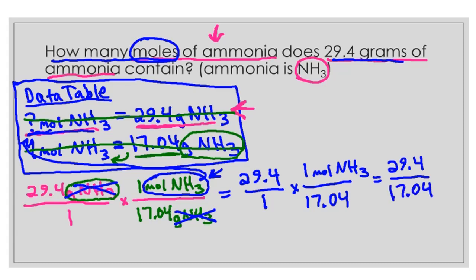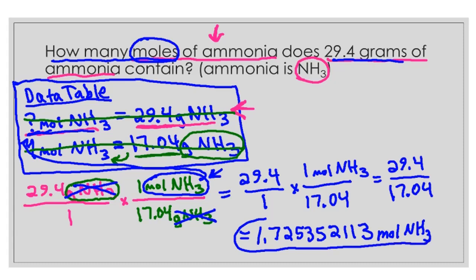Now let's take our calculator and divide that out, and that gives us 1.725352113. And what's that unit of measurement we're going to carry down and put after this? Moles of NH3. So this is going to be our complete answer. 1.725352113 moles of NH3 is what is in 29.4 grams of NH3.